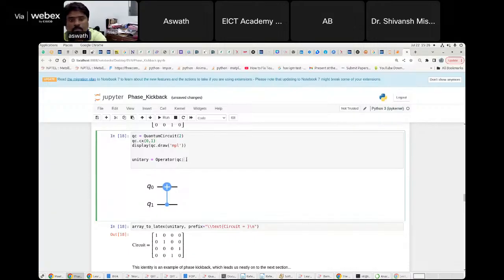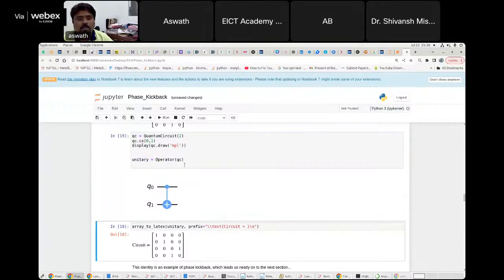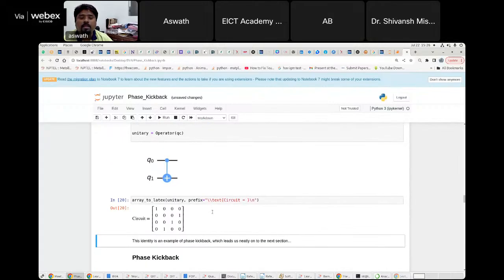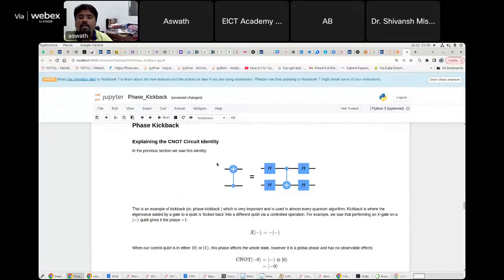If you plot for both situations, you get a different CNOT. Earlier CNOT is different, this CNOT is different. But the moment I add Hadamards, I would get this kind of an equality. It is basically becoming a reverse. Adding Hadamards, it becomes a reverse.